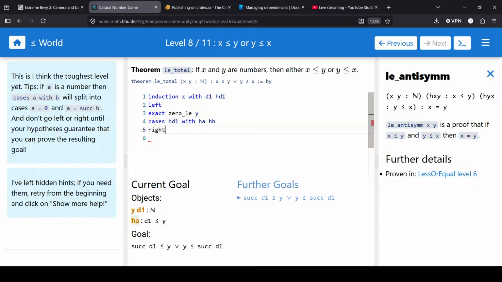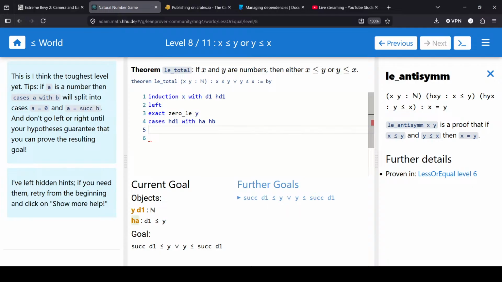If I took the right side, because this says that if D1 is less than or equal to Y, and prove that Y is less than or equal to the successor of D1. No, that's my goal. That's not one of my hypotheses. Remember the description. If A is a number, then cases A with B will split into cases A equals 0 and A equals suck B. Is that so? Okay. I feel like I'm getting closer, but I also do not know.